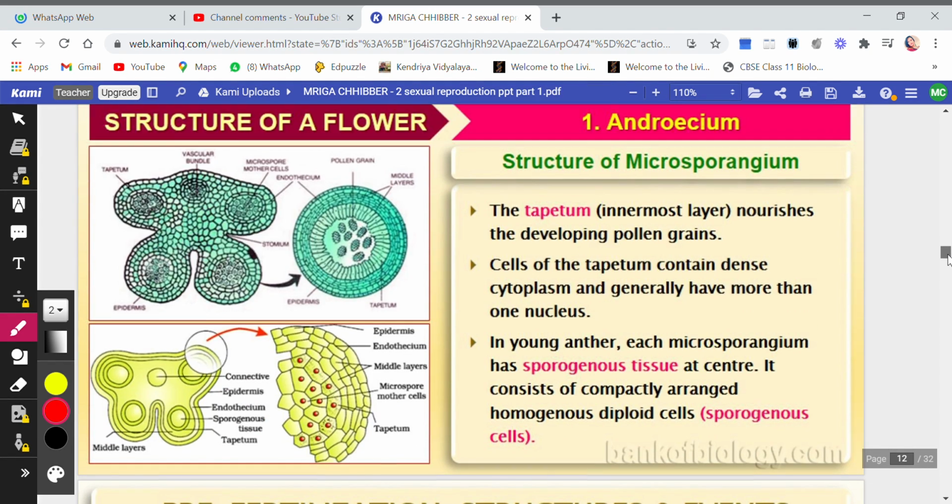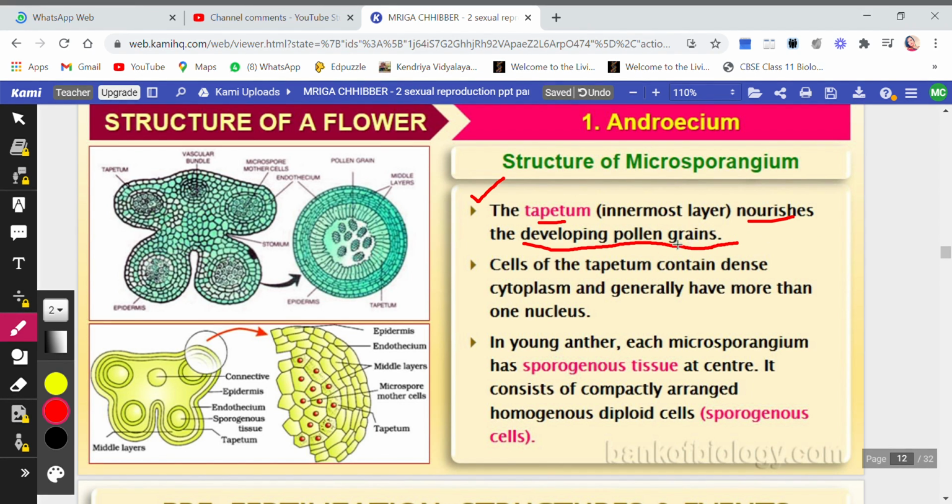Now you see, the innermost layer is the tapetum. This is a very important layer. One marker question comes from this topic. The innermost layer is responsible for nourishing the developing pollen grains. The developing pollen grains are in direct contact with the cells of the tapetum, and the tapetum is responsible for providing them nourishment.